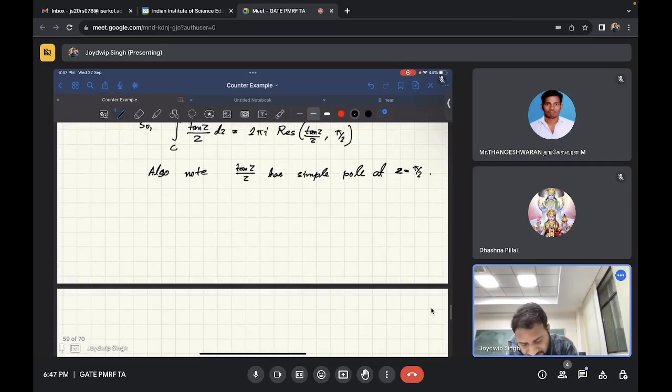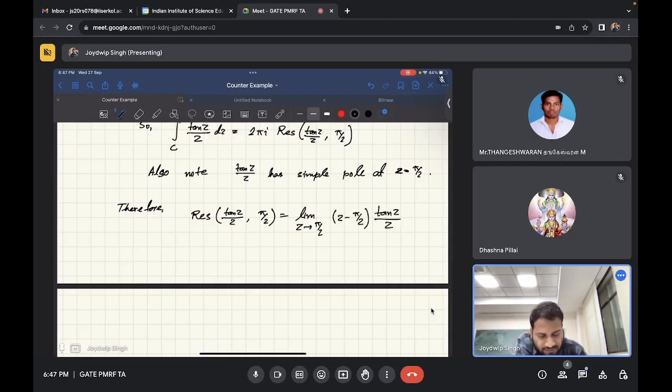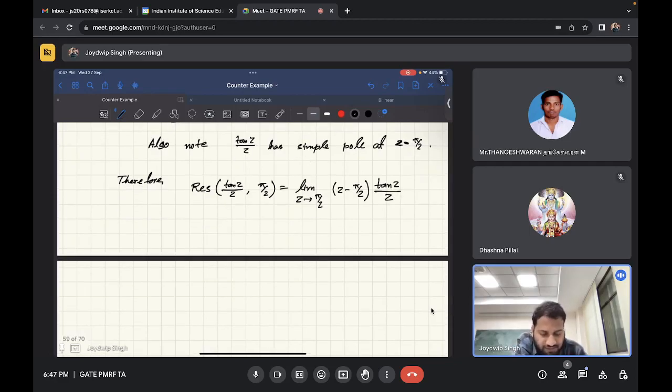So therefore, what will be the residue? Residue of tan z by z at the point pi by 2 will be basically the limit as z tends to pi by 2 of (z minus pi by 2) times tan z by z, right? So now you have to find what this limit is.